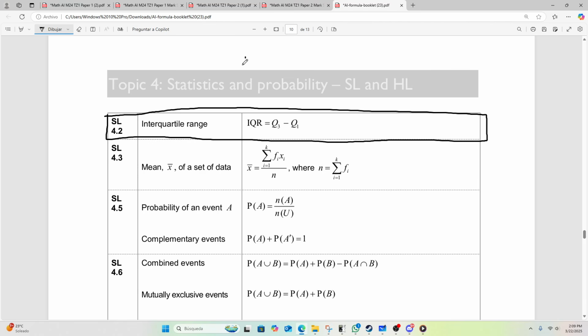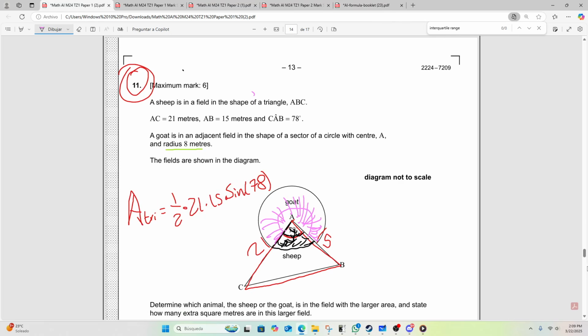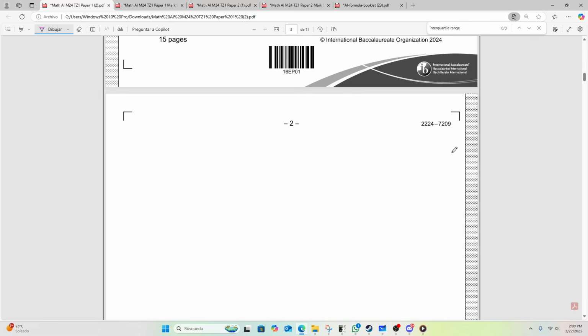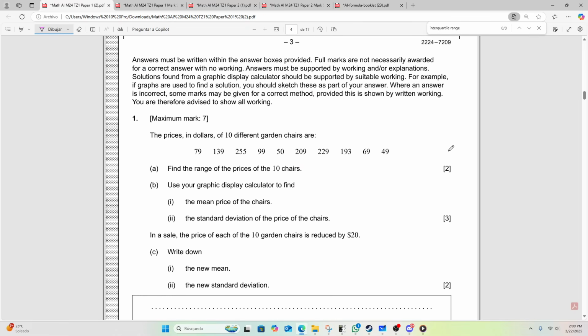But there is interquartile range. See? The mean of a set of data, for this part, I'm actually going to jump to this paper here and show number 1. There's a couple of exercises where you need to know how to find the mean, how to find the standard deviation. And what does range mean? These are a bunch of key concepts that actually do not show up in the formula booklet.